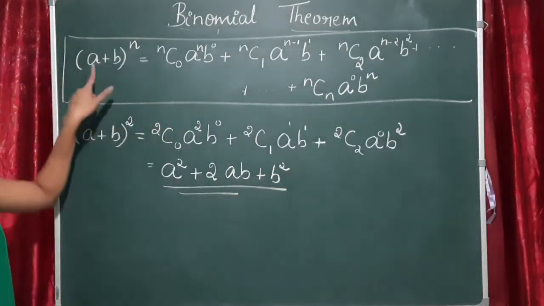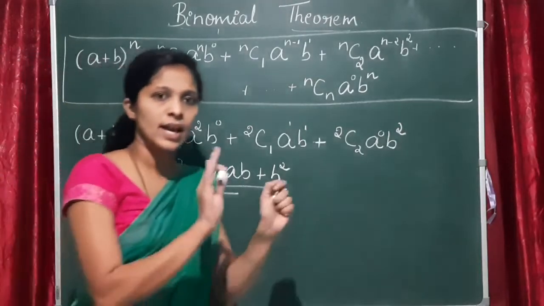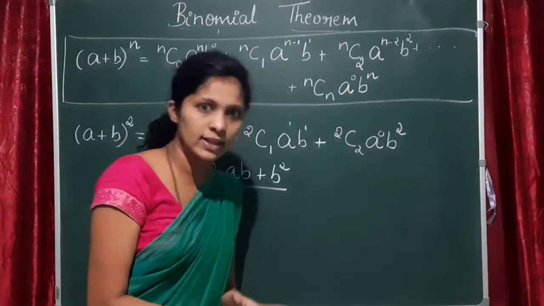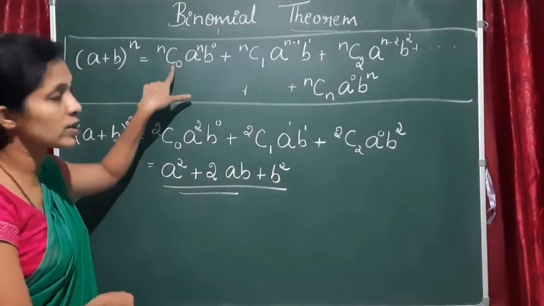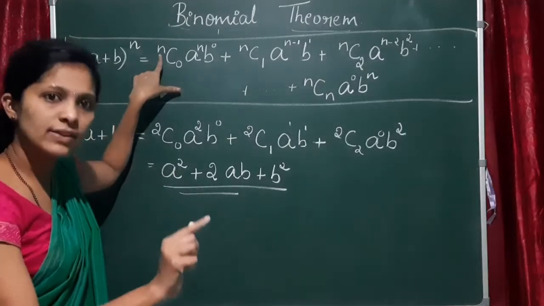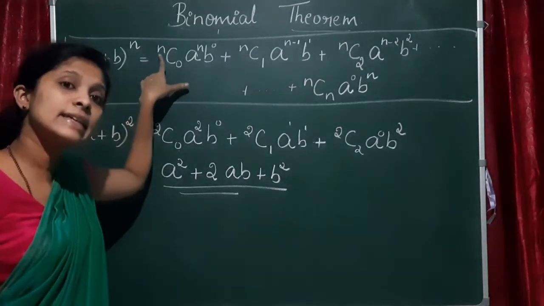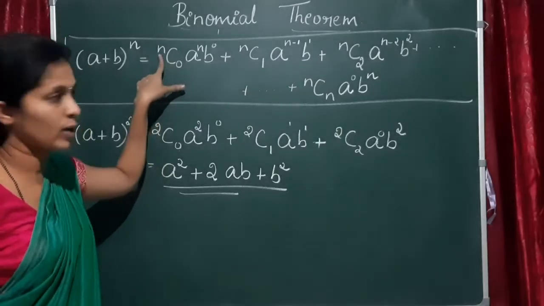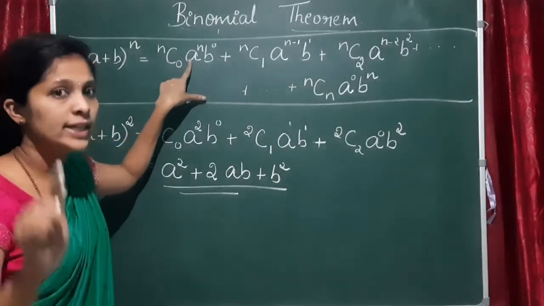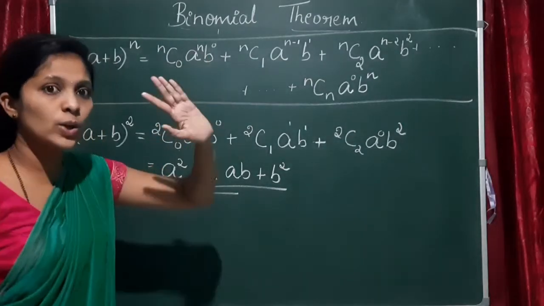Okay. So this is (a + b) whole to the power n. Is it clear? The thing is (a + b) to the power n will be equal to, these are called the binomial coefficients, start with nC0, nC1, nC2, nC3, nC4 till nCn. And power of a you have to decrease and power of b we have to increase.